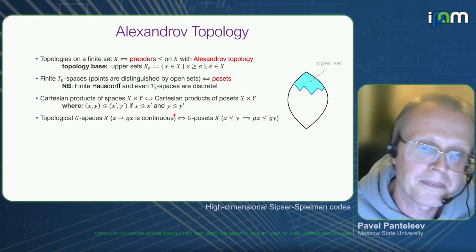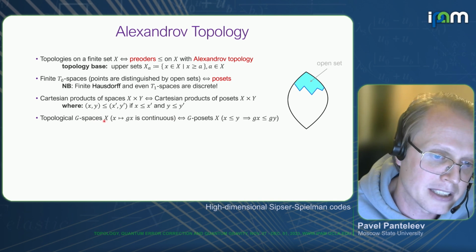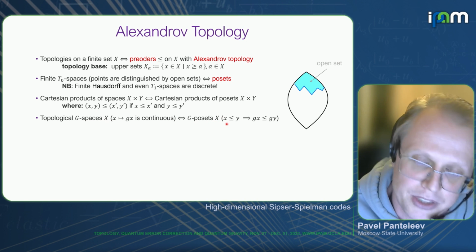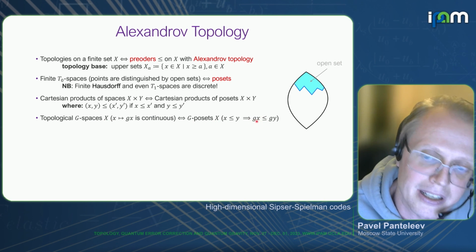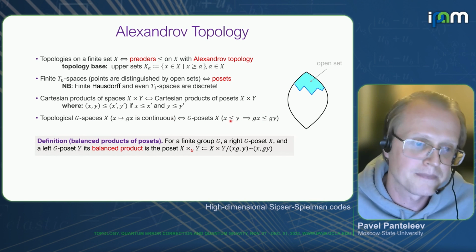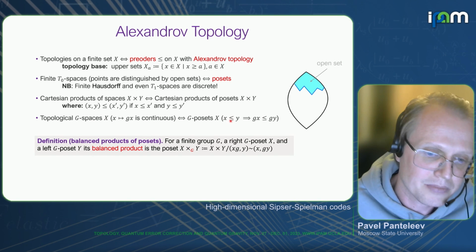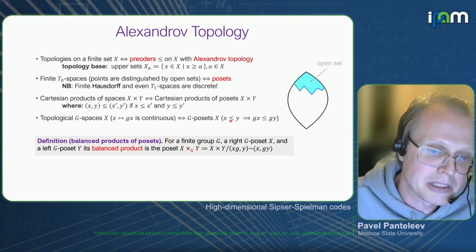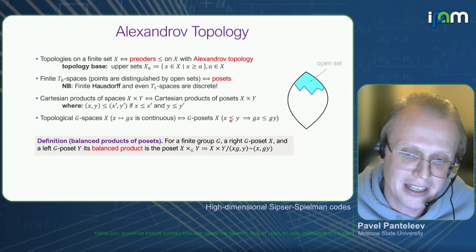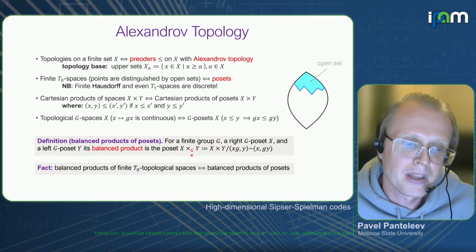And if we have a group action on a finite topological space X, then this is exactly the same as having a G-poset, an action that works nicely with the order relation. What is interesting is that the balanced product of topological spaces is exactly the same as the balanced product of posets. And so we can define the balanced product of posets.